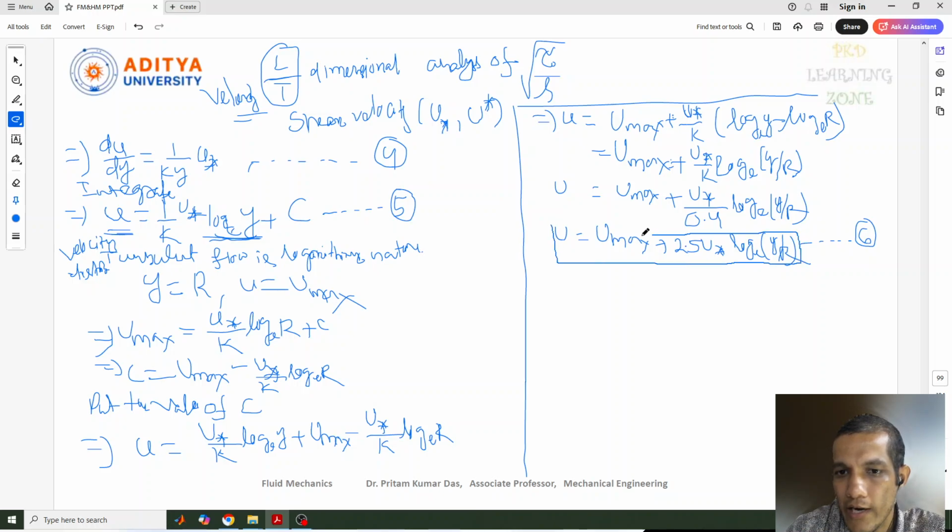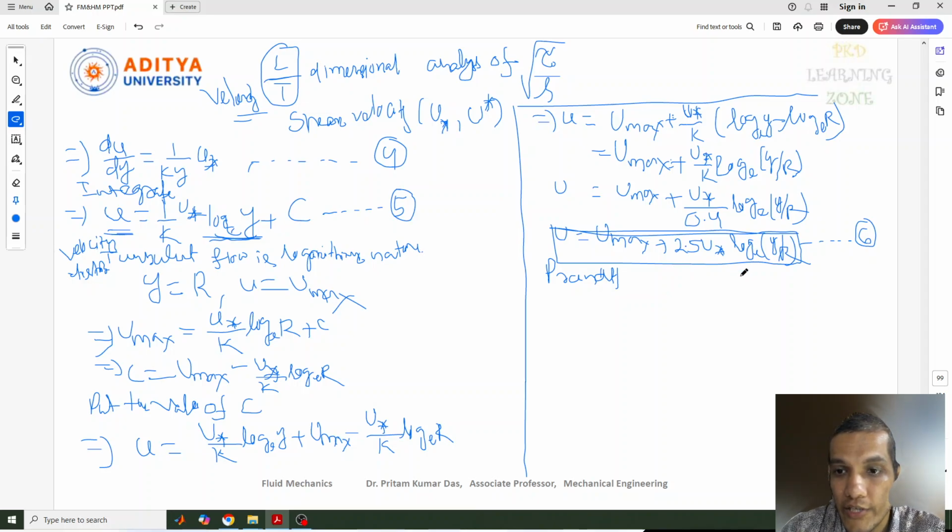This is the end of the concept. Okay, now this equation is actually called Prandtl's universal velocity distribution equation for the turbulent flow.